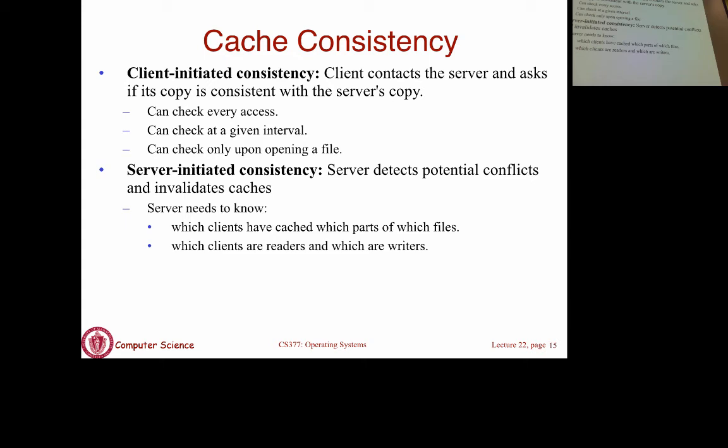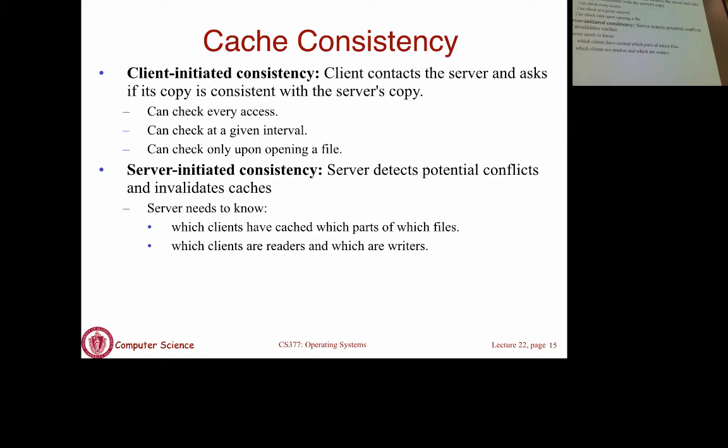So if you have server initiated consistency, the server will periodically ask the client, has your copy changed? If the answer is yes, the client is required to send any update. If the answer is no, you'll say no, nothing has been changed here. So periodically the server will poll its client saying, has the copy changed, has the copy changed, and that's how you will actually implement server initiated consistency.